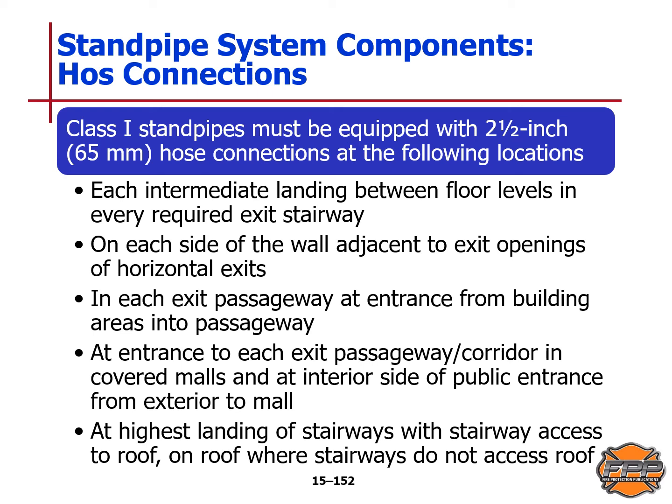Third, in each exit passageway at the entrance from the building areas into the passageway. Next, at the entrance to each exit passageway and corridor in covered malls, at the interior side of public entrances from the exterior to the mall, at the highest landing of stairways with stairway access to the roof, and on the roof where stairways do not access the roof.